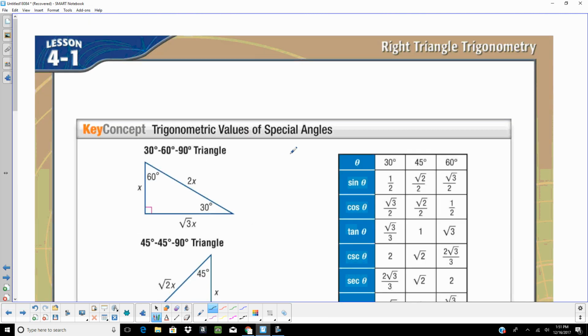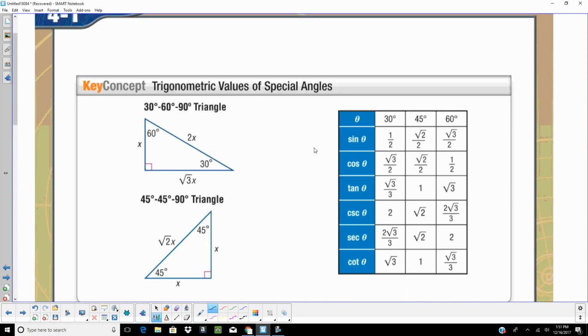Let's take a second and look at special right triangles. I'm going to come back and talk about this chart in just a second. I believe you talked about this when you took geometry, 30, 60, 90 and 45, 45, 90 triangles. Those are special triangles.